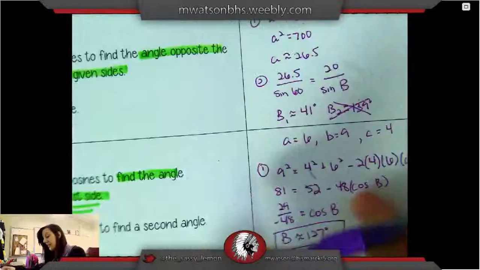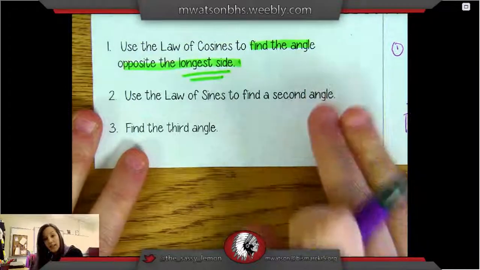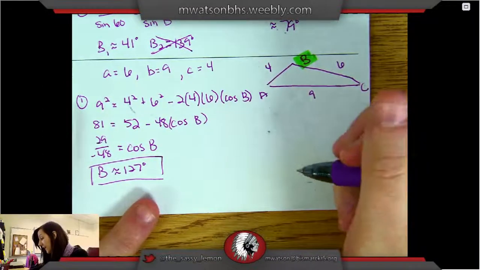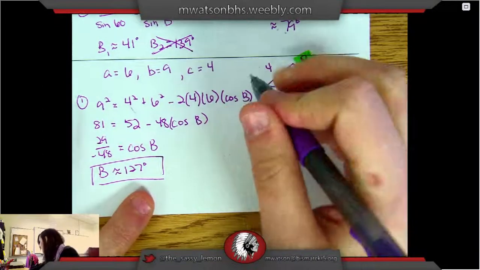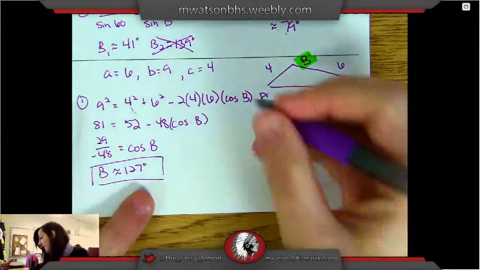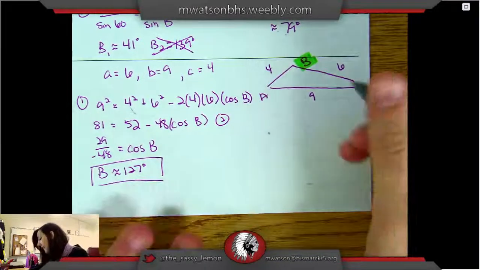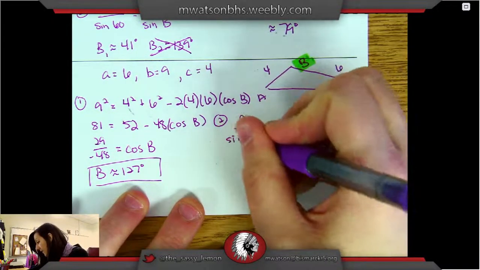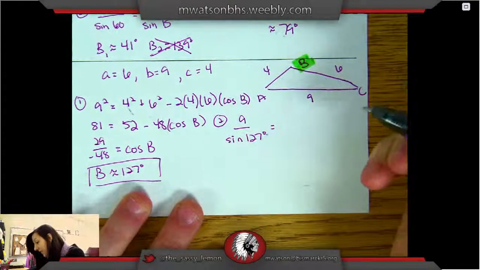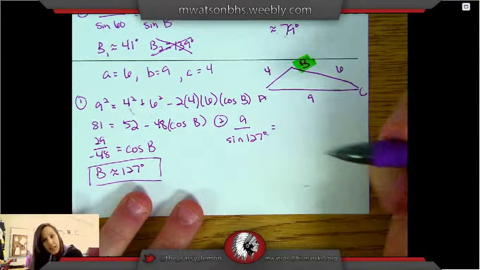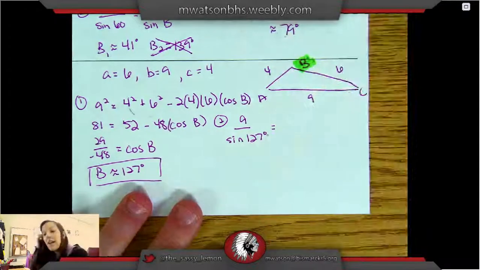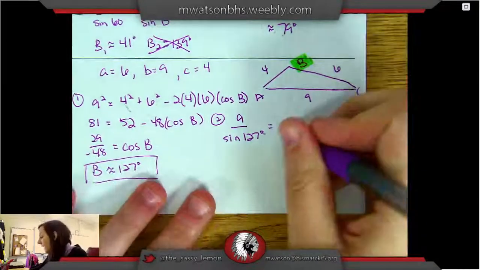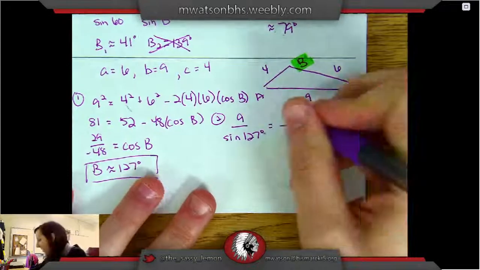It says use the law of sines to find a second angle. So we're going to go up here because I'm running out of room. We're going to say 9 over sine of 127 degrees equals, and apparently we can find either angle that we want. I'm going to go ahead and find C. I'll find A. I don't know why it matters, I'm just being goofy.